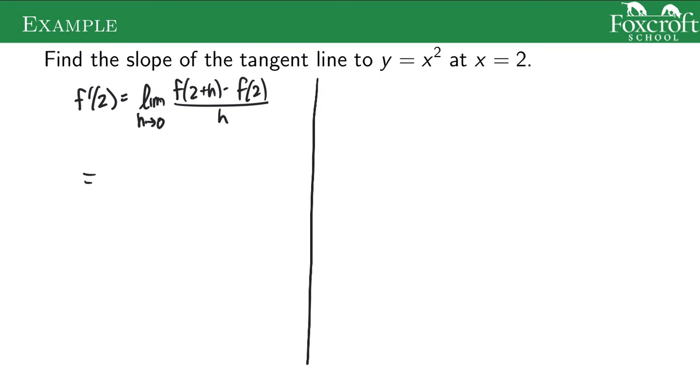For time and how much I have to write, I'm going to skip one step on my write-up. So I have to plug 2 plus h into there. But remember, that means you have to FOIL it. So that is going to become 4 plus 4h plus h squared. I'm going to subtract when I plug 2 into my function. Well, 2 squared is 4, all over h. And again, the tip that you're doing these correctly is that the non-h parts cancel.